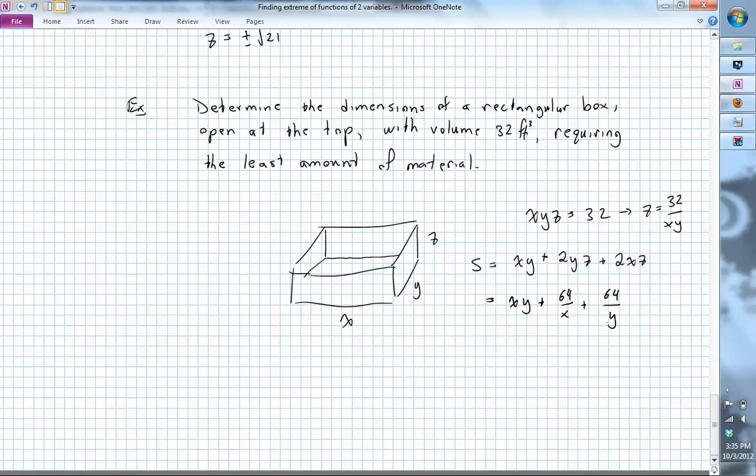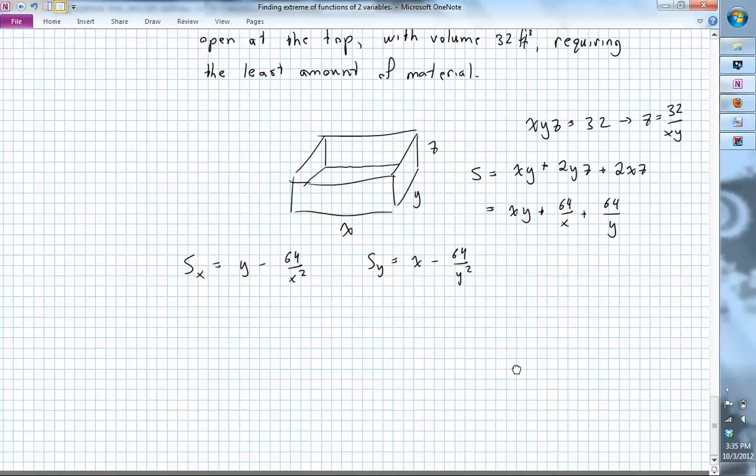As before, now we're separating ourselves from the physical problem, and we just have a math problem. So we start computing first partials. We get Y minus 64 over X squared, and we get X minus 64 over Y squared.